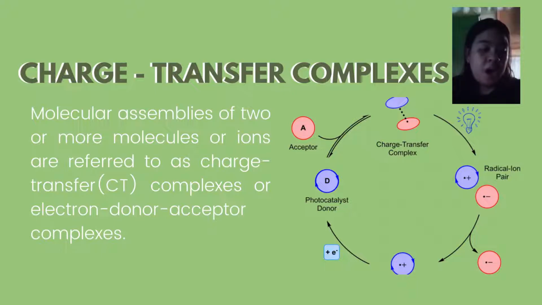These two are referred to as the electron acceptor and donor. In some instances, the degree of charge transfer is complete, allowing the CT complex to be categorized as a salt. Oftentimes, the charge transfer association is weak, and polar solvents can quickly break up the interaction.